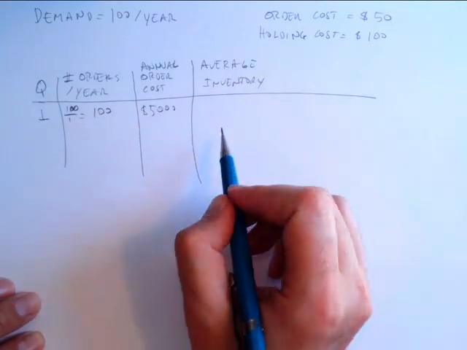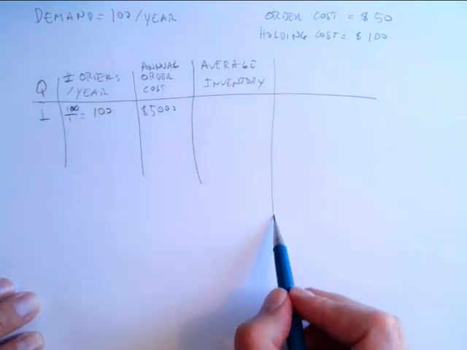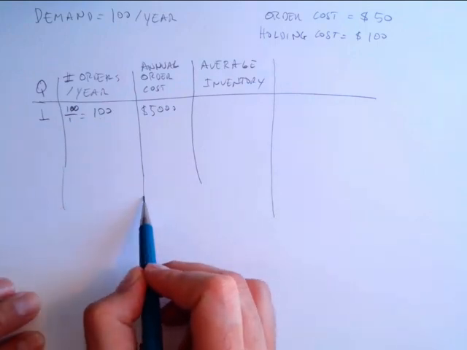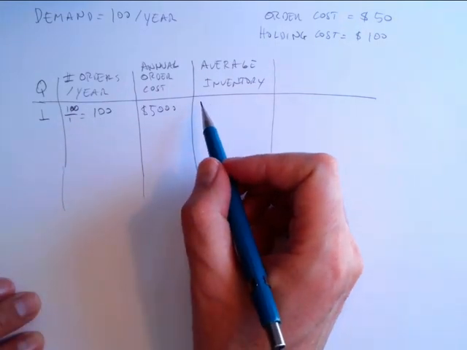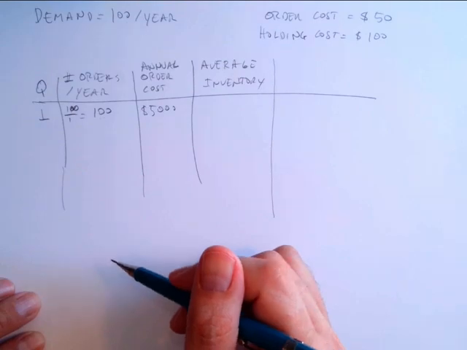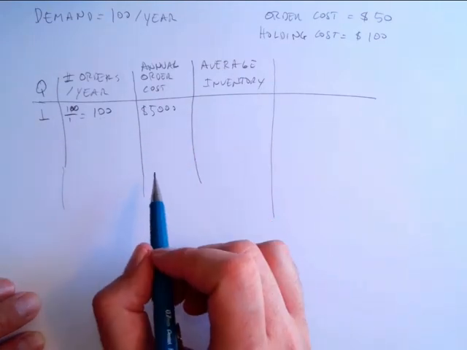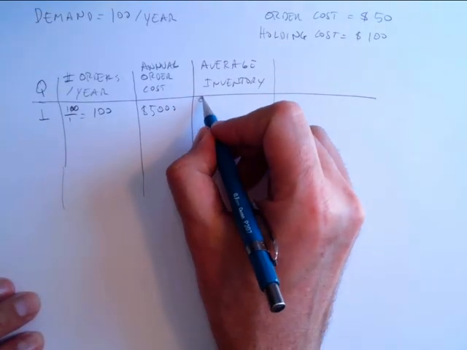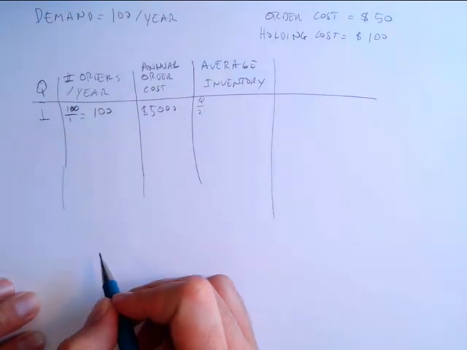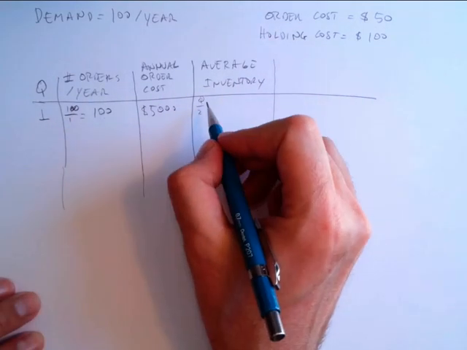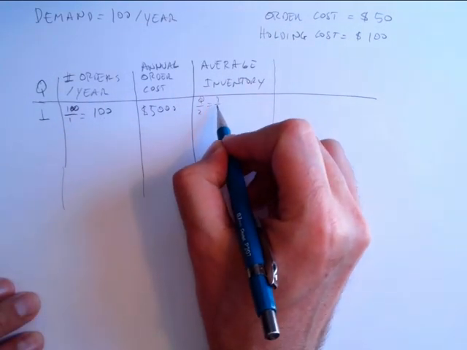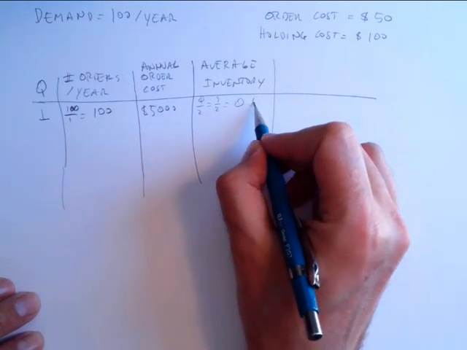How many parts will I have in inventory on average? We learned in the last video that one way to calculate average inventory is Q divided by 2, and Q in this case is 1. So 1 divided by 2 equals 0.5.